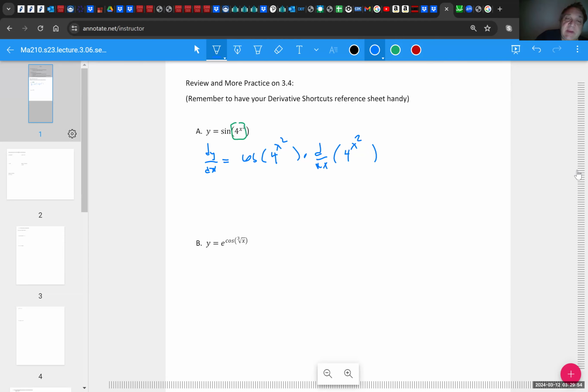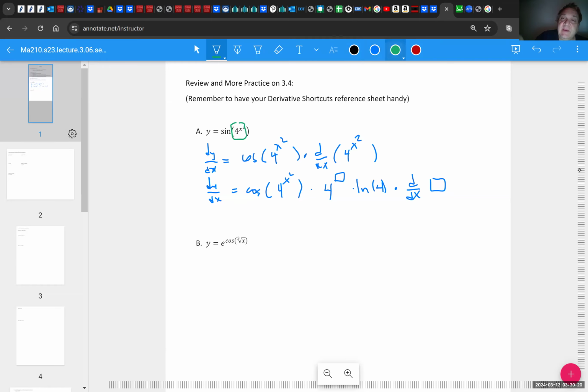Okay, so next step here, I've done the derivative of the sine part, the outside function. That's the cosine of 4 to the x squared. But I do need to multiply by the derivative of the inside function. So the derivative of 4 to the x squared: the derivative of 4 to a thing is 4 to the thing, ln 4, times the derivative of the thing.